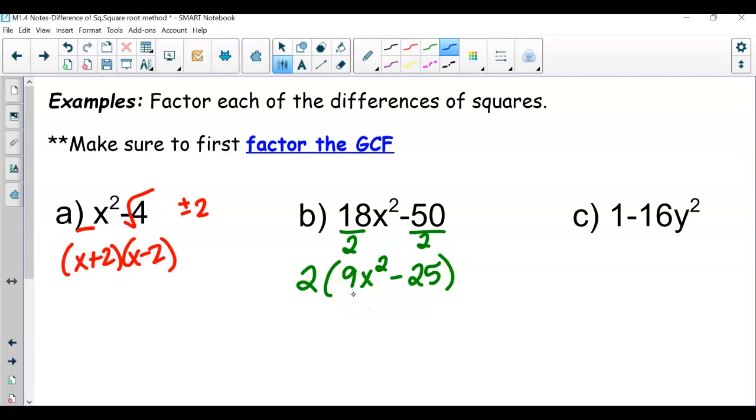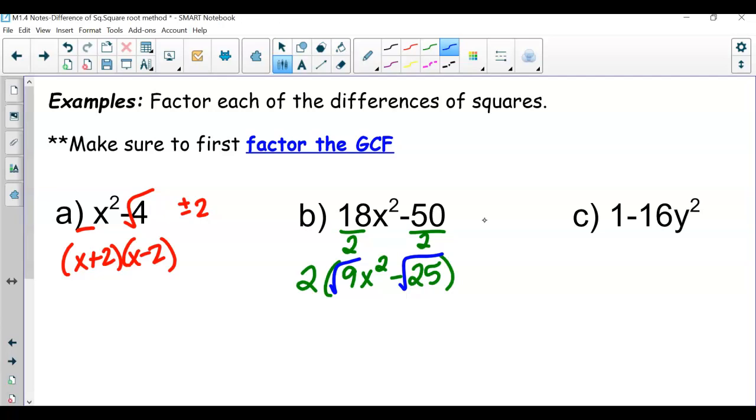So now do we have a difference of two perfect squares? Well, yes, because I have the square root of 9 here and the square root of 25. The square root of 9 is my 3, and here the square root of 25 is 5.